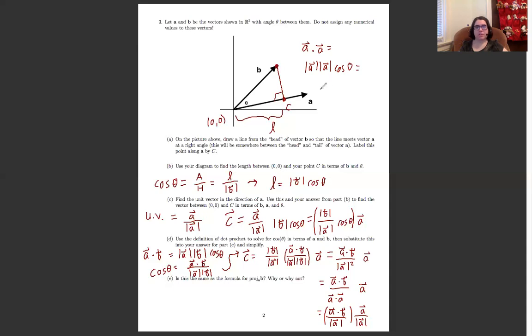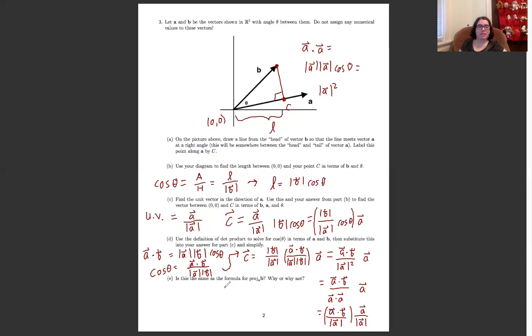And the cosine of 0 is 1, so that leaves me with magnitude A squared. Okay, so any of these are correct because they're all equal to each other. You might see any of them as being the formula for projection. Depending on if you're looking at the textbook or the lecture notes or the lecture video, or an outside source, these are all considered valid formulas for projection.